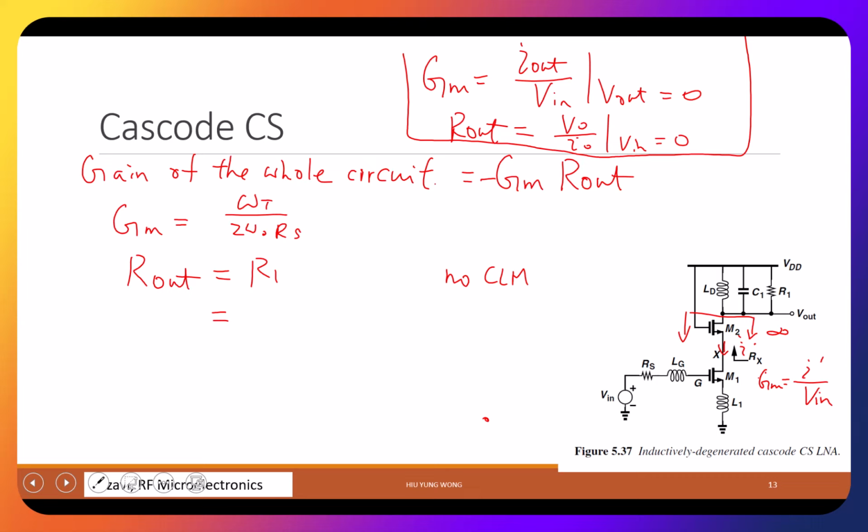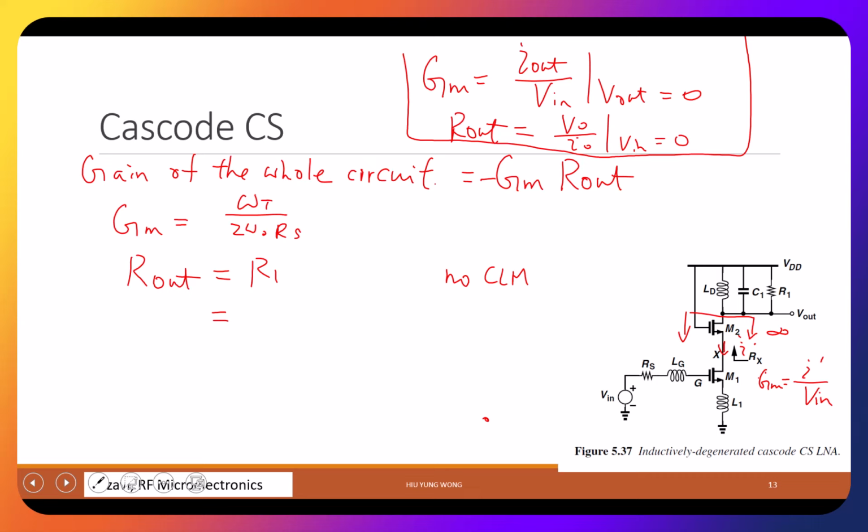But whatever current goes in will go to the drain also. The current gain from the source to the drain is 1. If you ignore channel length modulation and increase the source current by delta I, all this delta I will go to the drain.